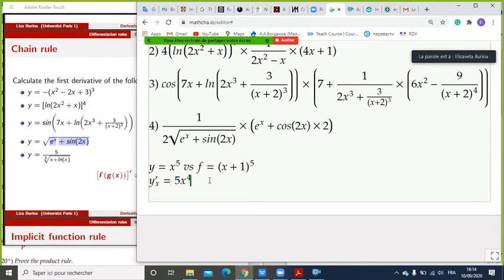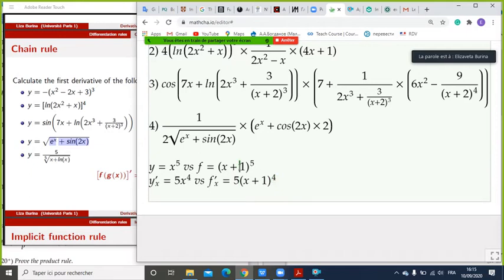Here we have something inside it that is x plus 1. So here we're supposed to consider this, the derivative of this thing will be x plus 1, 5, sorry, x plus 1 to the power of 4.